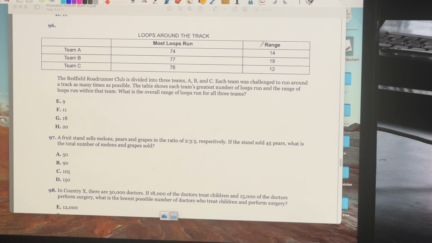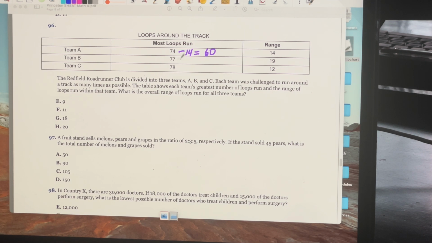So the range, right? If you look at Team A, the most that they ran was 74, and the range is the highest minus the lowest. If 74 was the highest and you subtract 14, that means that the lowest was 60.